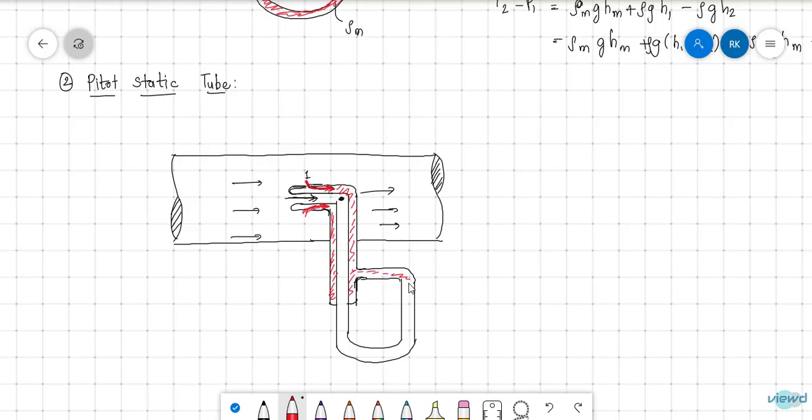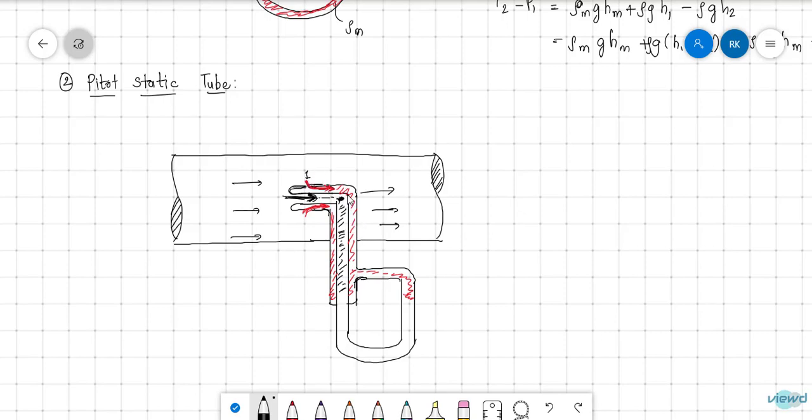This measures the static pressure. So the fluid that is entering inside tube, that is stagnation pressure. That indicates the stagnation pressure, since the velocity is reaching 0 here, that will be stagnation.